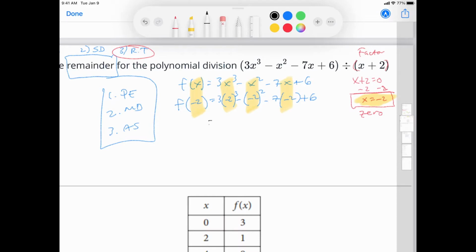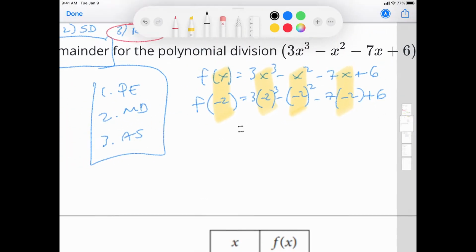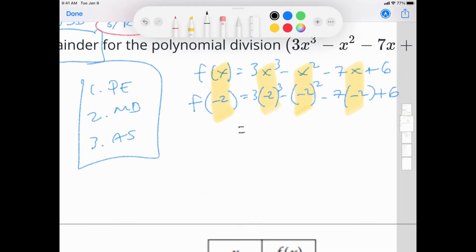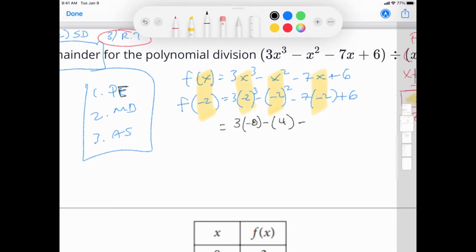So that would mean that I'm not going to multiply, I'm going to use the exponent first. So negative 2 to the third power is negative 8. Negative 2 squared is 4. And you can just rewrite all of these or simplify.